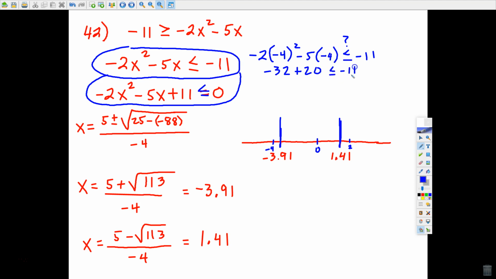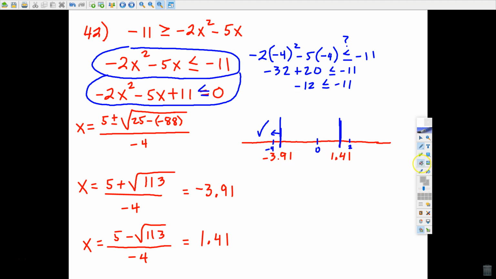Let's see. This is negative 12, and it definitely is less than negative 11. So what I've proven so far is that the numbers that are less than negative 3.91 are going to make this a true statement. In other words, those numbers less than negative 3.91 will be part of my solution.